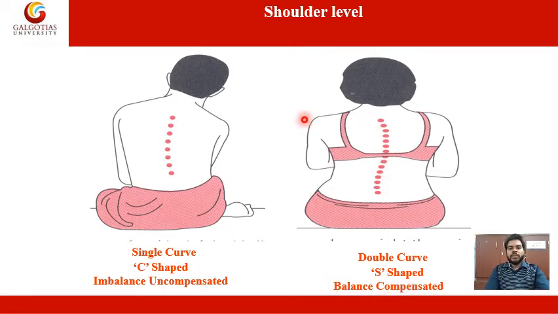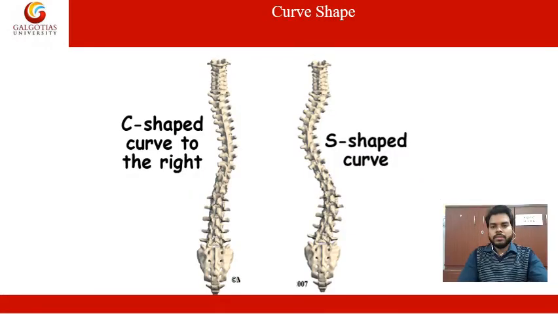So there are two types of scoliosis, that is C-shaped and S-shaped. C-shaped curve, that is right side, and S-shaped curve, that is your left side.